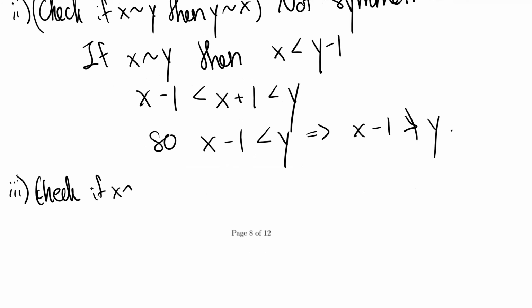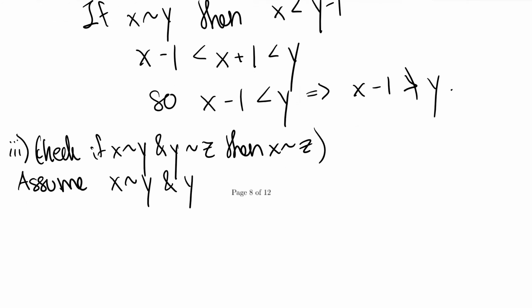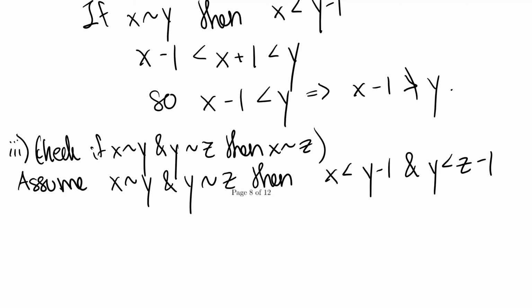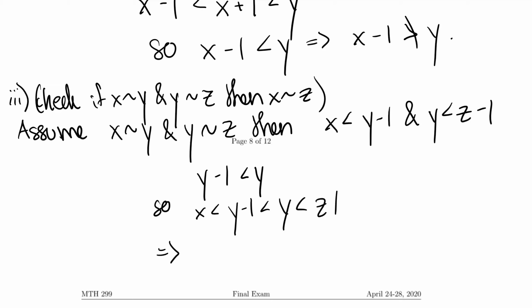How about transitive? Check, if x twiddles y and y twiddles z, then x twiddles z. Let's see if this one's true. Assume x twiddles y and y twiddles z. Then x is less than y minus 1 and y is less than z minus 1. Well, y minus 1 is less than y, so x is less than y minus 1, which is less than y, which is less than z minus 1, giving that x is less than z minus 1.